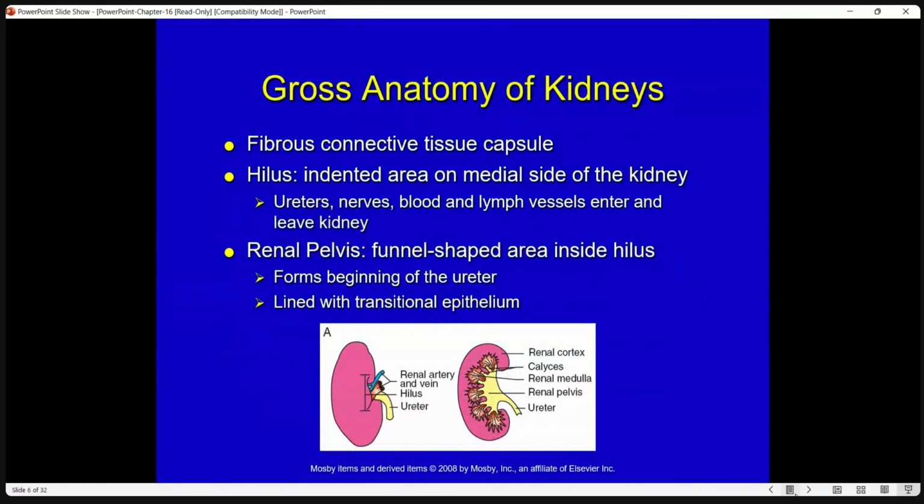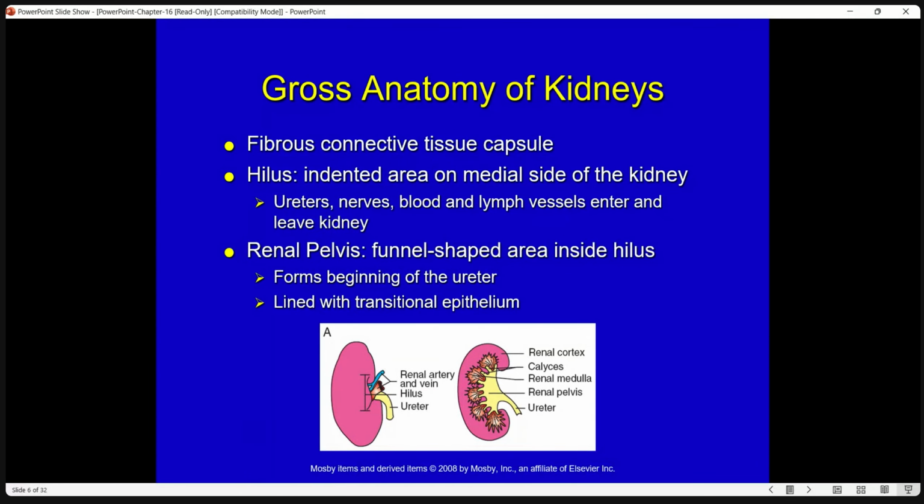So let's proceed. This is the anatomical position or anatomical orientation of the kidney, where I have said that a kidney is a bean-shaped organ, with this orientation. It has a supply of blood, sorry, from the heart, and this happens through the renal artery.